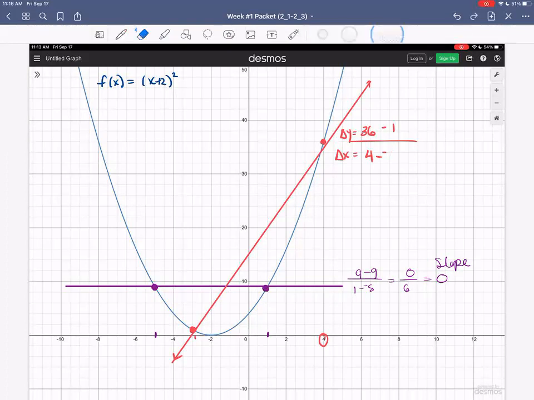So let me just back up a moment. So we carry out that quotient, 36 minus 1, we get 35. 4 minus -3, we get 7. And 35 over 7 becomes 5. So our average rate of change over this interval is 5. In other words, the slope of that secant line is 5.